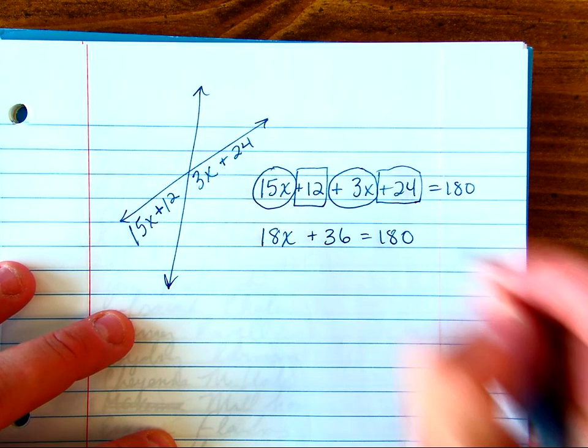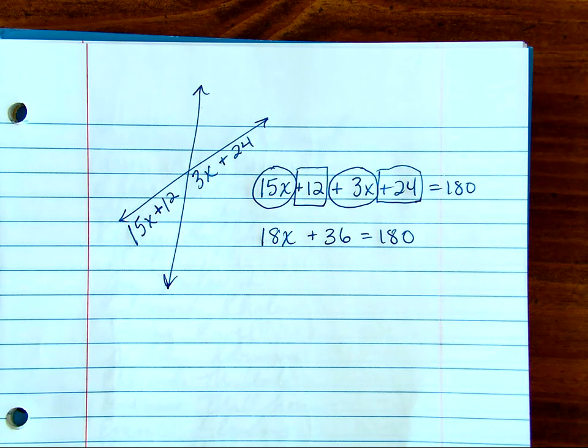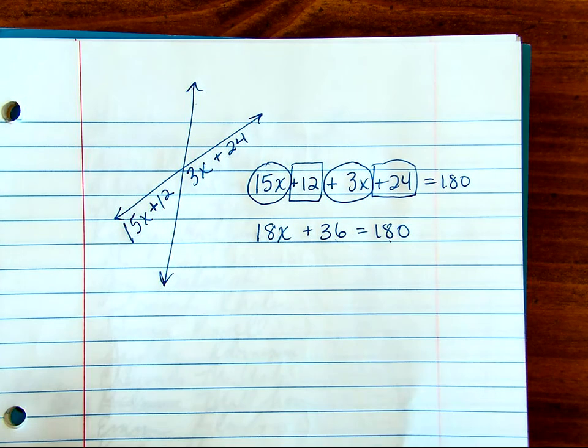John, how am I going to get the 36 over with the 180? How are we going to move this over? What are we going to add to both sides of the equal sign? And what's the inverse? Right. You're absolutely right, John.